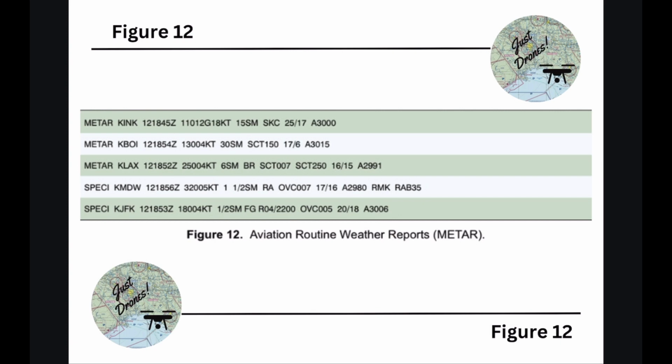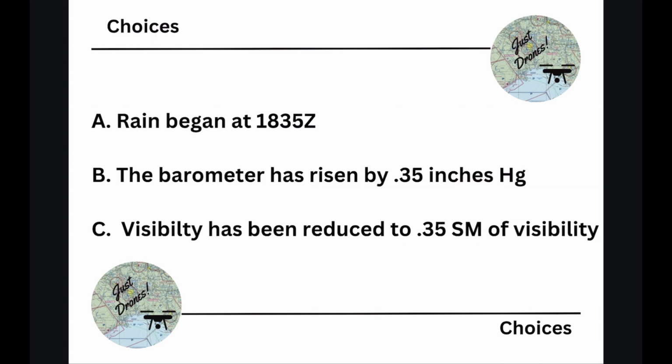So first look at figure 12. Make sure you're on the right figure. Then look at your possible answer choices. So A, we have rain began at 1835. So within that hour, the rain started at 1835 Zulu. B, the barometer has risen by 0.35 inches of mercury.